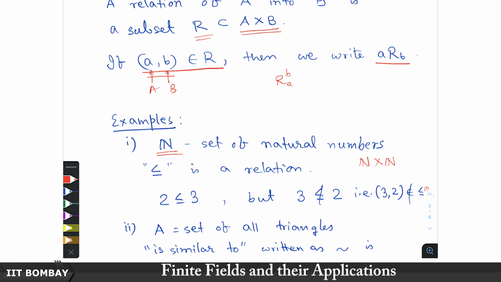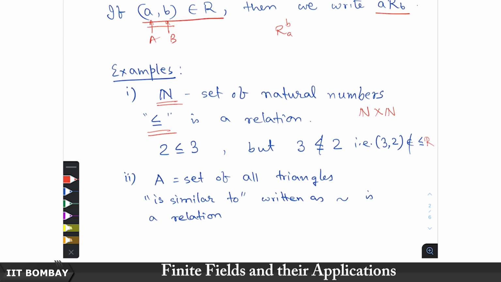For example, 2 comma 3: 2 is less than equal to 3, but 5 is not less than equal to 4, 3 is not less than equal to 2. So, 3 comma 2 is not there in R, okay, but 2 comma 3 is there in R.